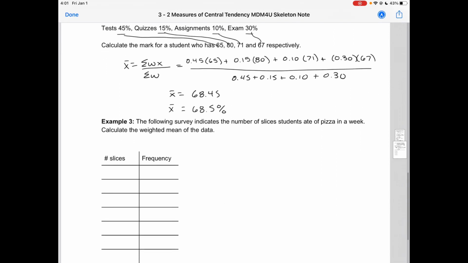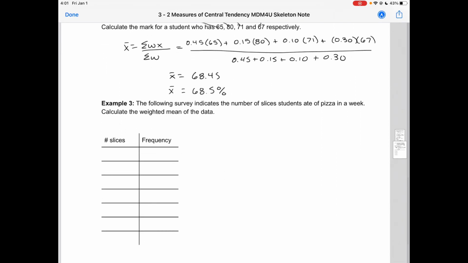Another example where you can use a weighted average is where you have a frequency table. So let's fill in the survey data. These are the number of slices of pizza students ate in a week, and we're going to calculate the weighted mean. What we want to know is how many slices on average students ate per week. So 0, 1, 2, 3, 4, 5, 6, 7.